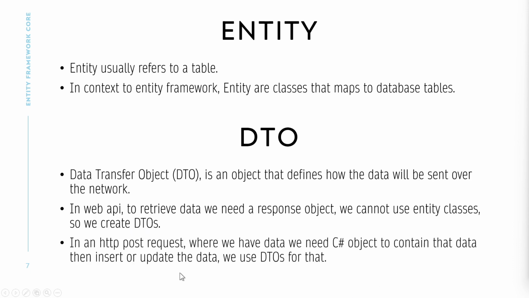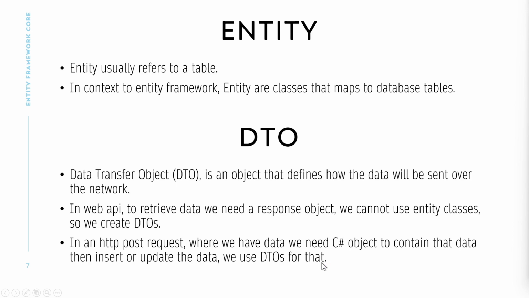In an HTTP post request, where we have data, we need a C sharp object to contain that data, then insert or update the data. So we use DTO for that. Inside the post request body, we have data that we receive in the form of a C sharp object, which are parameters.